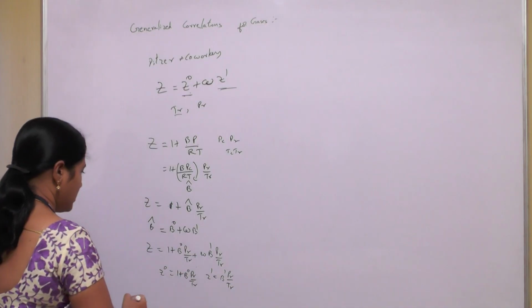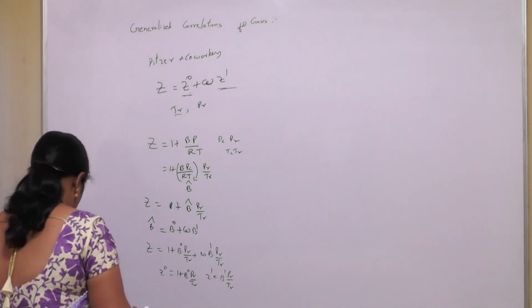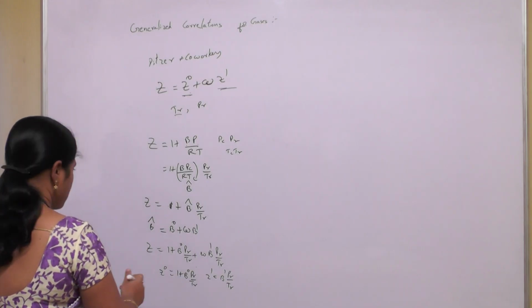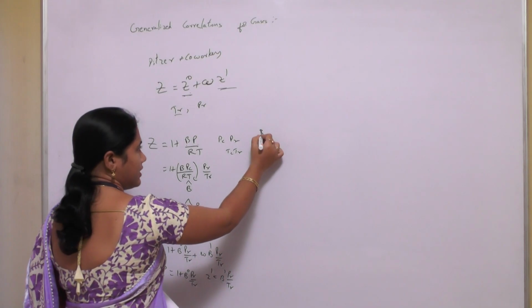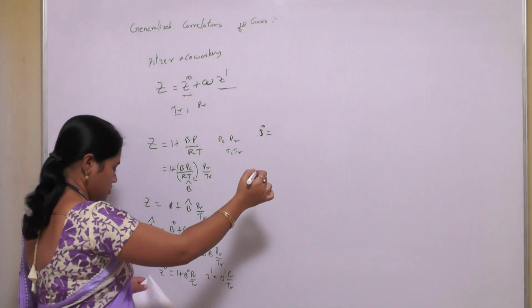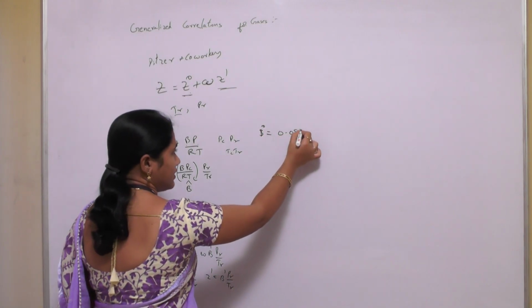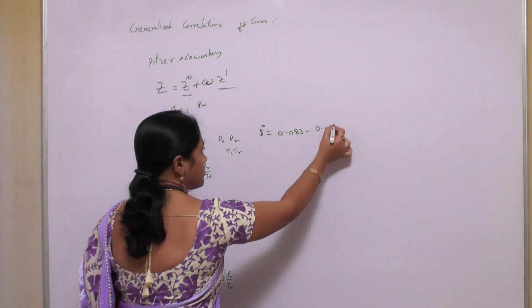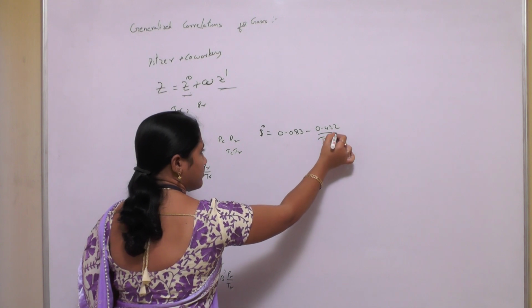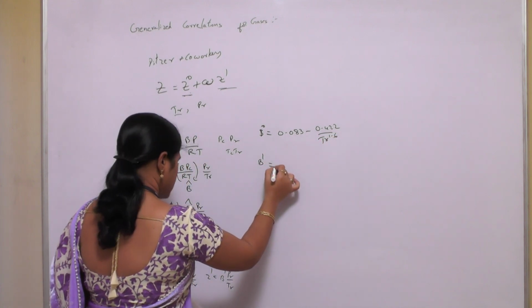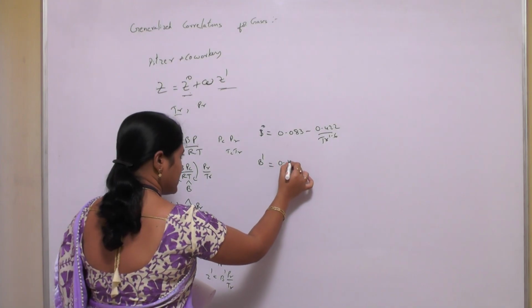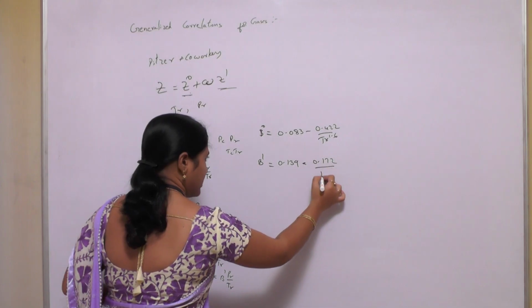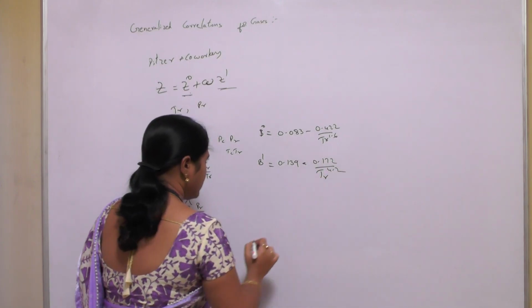And these B0 and B dash values: B0 equals 0.083 minus 0.422 by TR to the power 1.6, and B dash is 0.139 minus 0.172 by TR to the power 4.2.